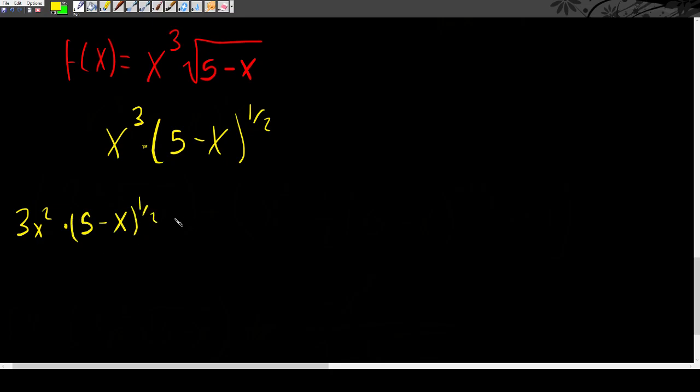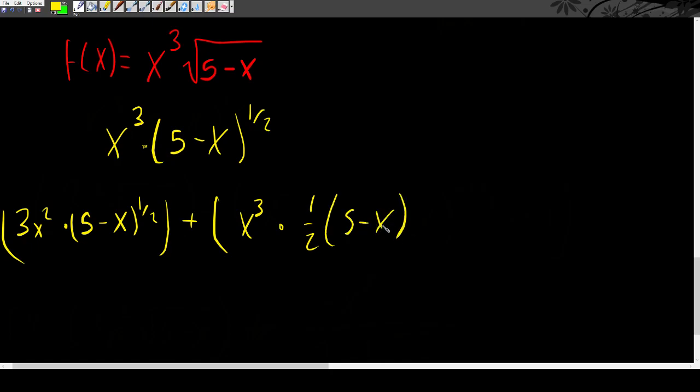to the 1 half, plus x cubed times, okay, so 1 half out in front, 5 minus x, and then minus 1 from 1 half is negative 1 half.